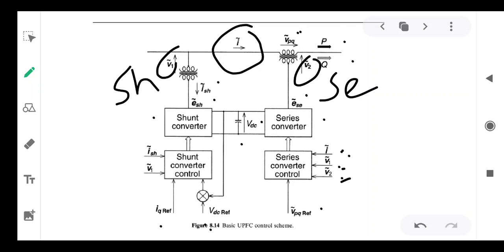This error signal is given to the shunt converter control in order to generate the required signals to the shunt converter, such that ISH can be controlled and thereby ESH to a required value. Therefore, VPQ and ISH both can be controlled with the help of series and shunt controllers using reference signals.